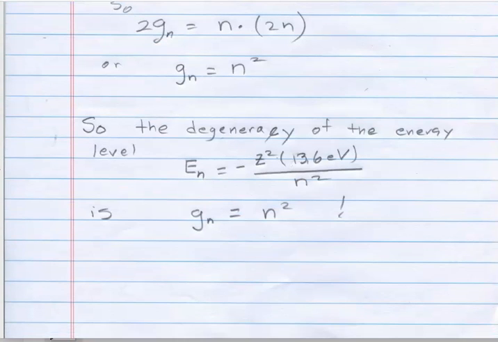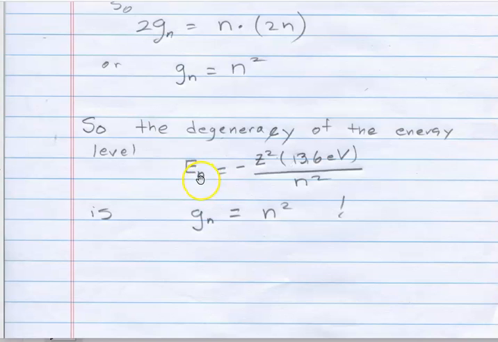And so we found a fairly significant degeneracy formula. You probably have seen this before, but now you know where it comes from. The energy level of the nth state is this, and that state has a degeneracy of whatever the n value is squared. So if this were the first excited state, that n would be 2, and the degeneracy of the first excited state would be 2 squared, or 4.